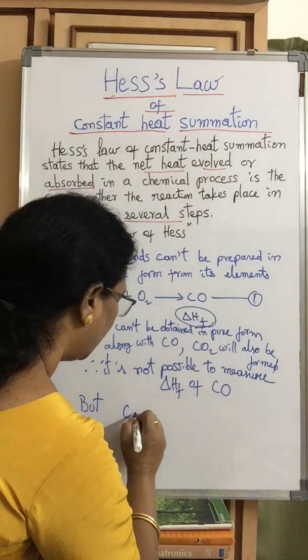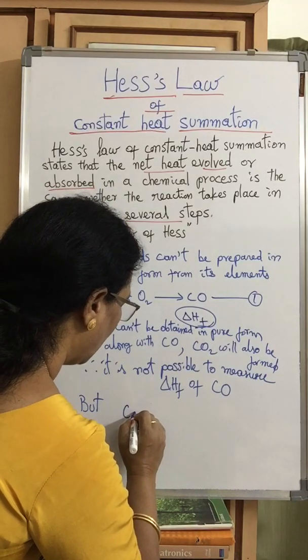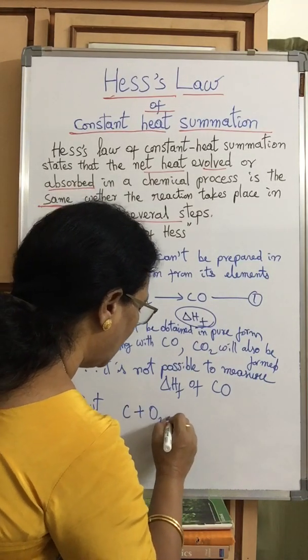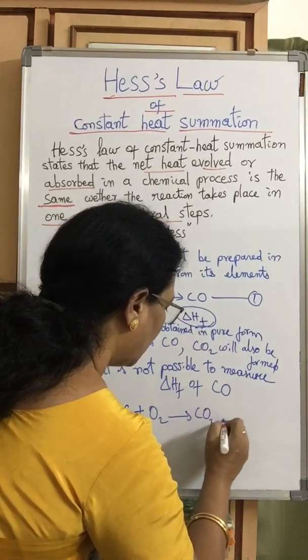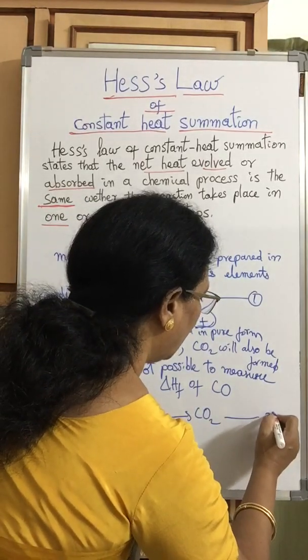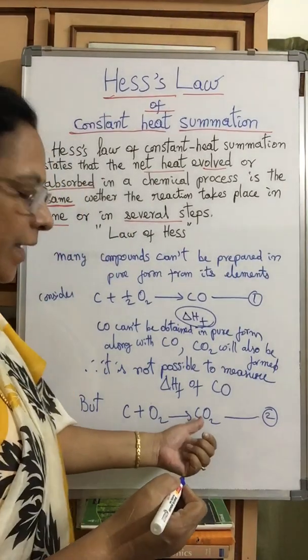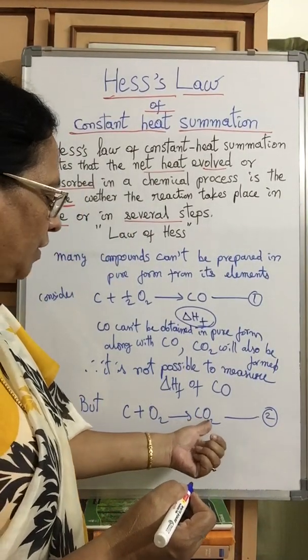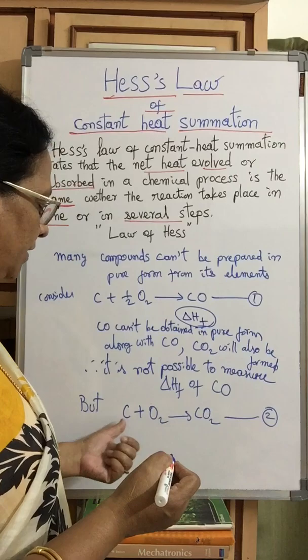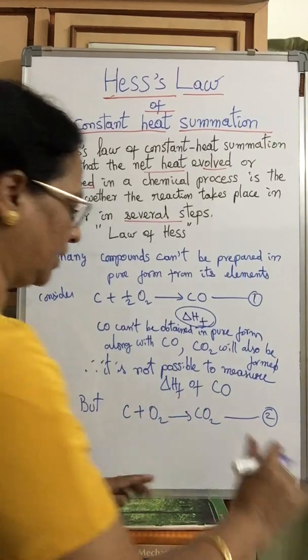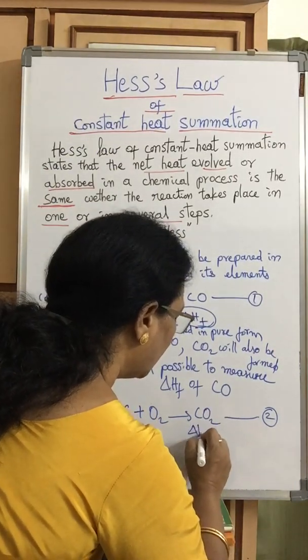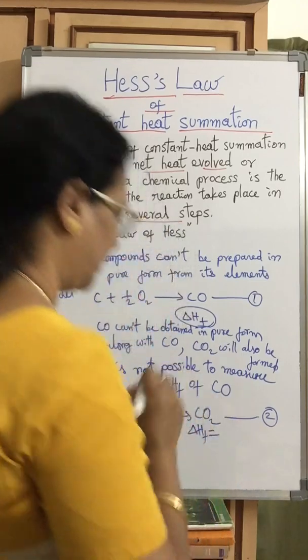But CO2 can be prepared in pure form, because of complete combustion. That means CO2 can be formed, that is C plus O2 gives CO2. Let it be equation 2. This could be carried out. 1 mole of CO2 we can obtain from its elements, complete combustion, and we can measure the values of delta HF also.